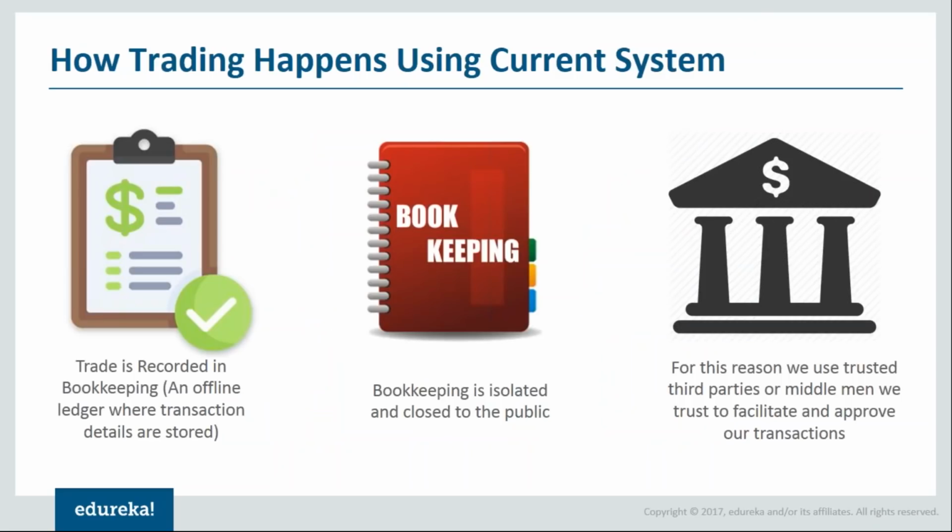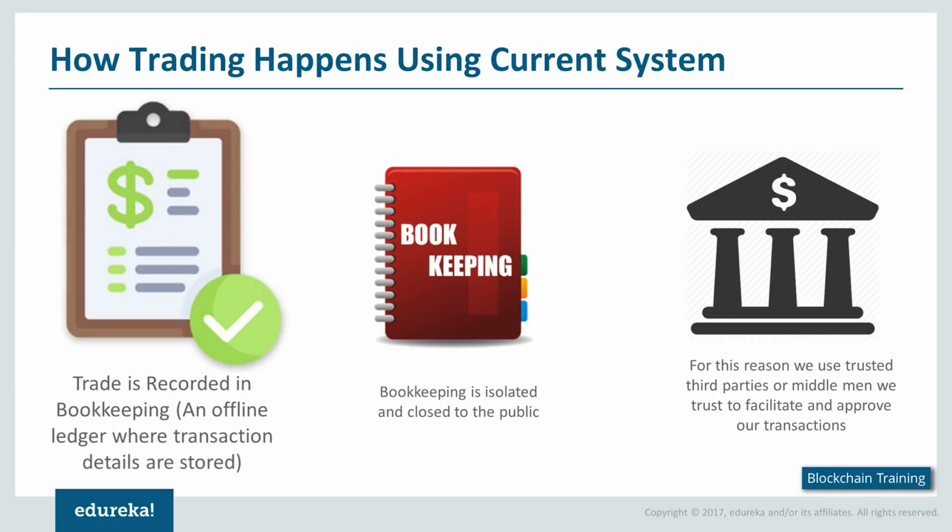Now let's try to understand how trading actually happens with respect to the current existing system. All the trades or transactions are kept inside a book. This book or ledger is offline, wherein all the details are completely stored, and only people who are associated with the bookkeeping can view this. Not anyone can view the book.